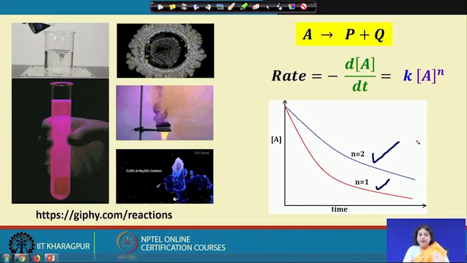So, from this experimental data, one finds out the slope of this curve and fits it to this equation, and that gives us the rate of the reaction.